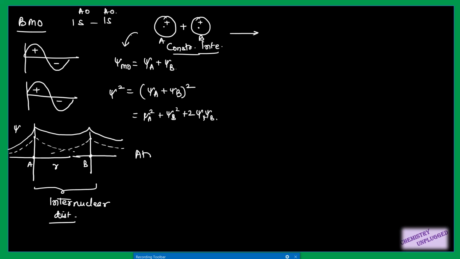When there is an increase in attraction force, the potential energy of the system will decrease. We know the relationship with potential energy: when we have this negative force, the potential energy will go in the negative direction, meaning it decreases, energy will be released, and the bonding molecular orbital will form. So the electron density will increase between the two nuclei in this way.